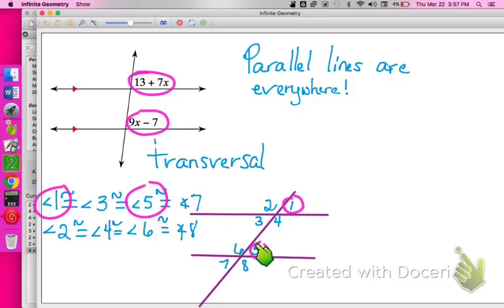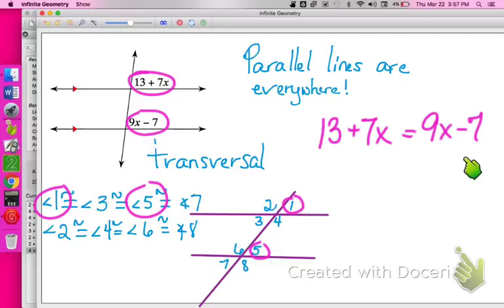See how 1 and 5 are equal to each other. So we would set them equal to each other and solve it. Okay? So again, it doesn't matter where we start here. What you may want to do is start with any negatives, because when you inverse a negative, you get a positive and it cleans things up a little bit.